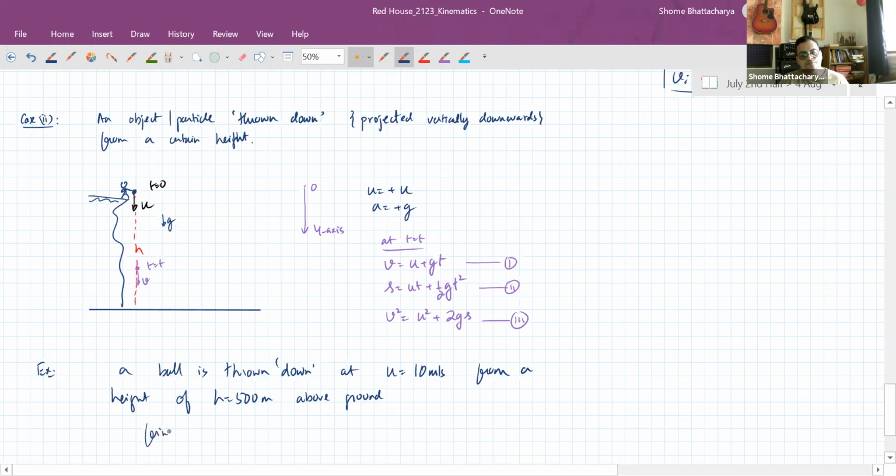Find the time taken to hit the floor and the impact speed. Take g as 10 meters per second square again.